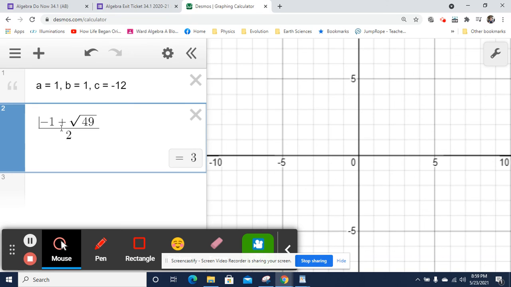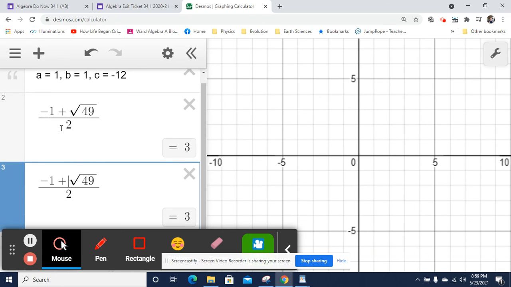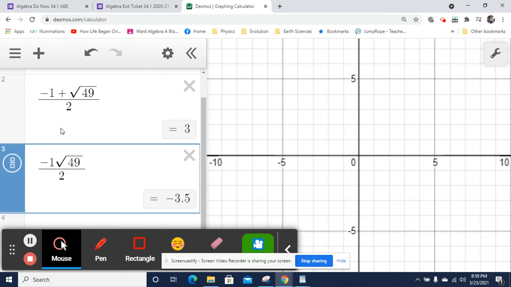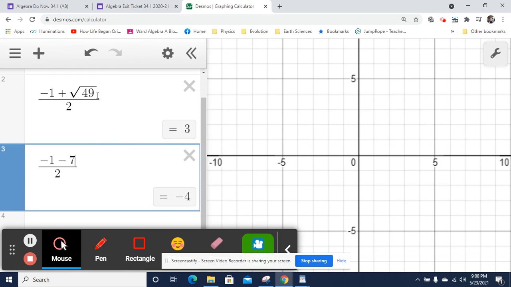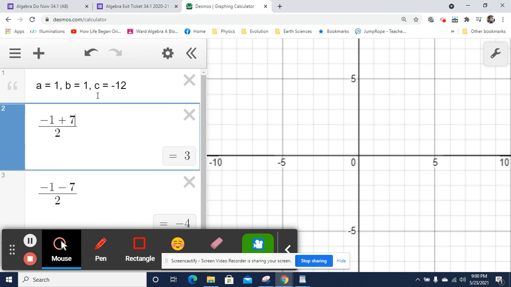And now this is why there's the plus or minus. I'm going to be getting the square root of 49. So when I do that, I'm going to have a plus version and a minus version. This is where it'd be useful to go ahead and set up the minus version. The square root of 49 is negative 7, and it's 7.